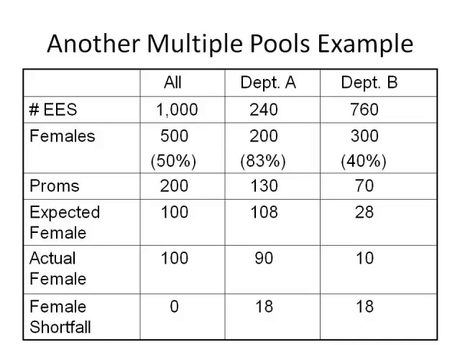The point of this example is to show that multiple pools analysis doesn't guarantee a good statistical outcome. In the first example, we saw that when we controlled for department, we no longer had a female promotion shortfall. In this example, we have no promotion shortfall overall, but when we control for department, we end up with a female shortfall of promotions.